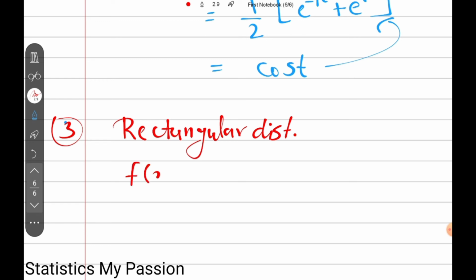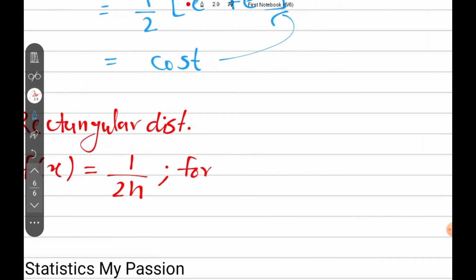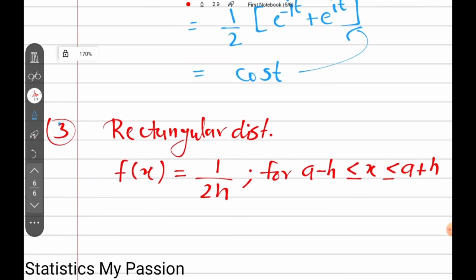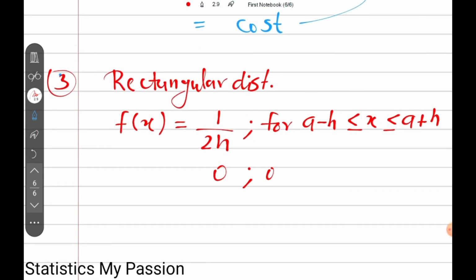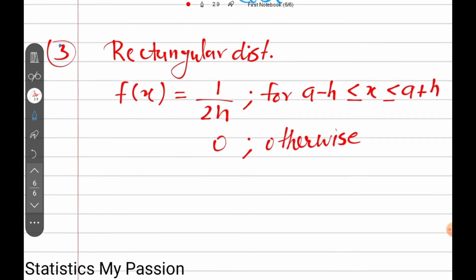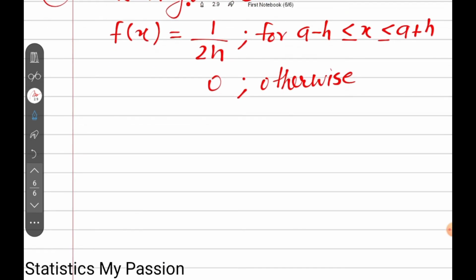The function of this rectangular distribution f(x) is equal to 1 by 2h, with limits a minus h to a plus h, and 0 otherwise. Now find the characteristic function. So how can we find this? Let's get started.